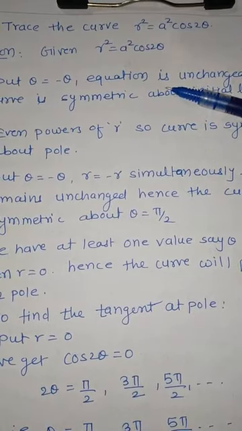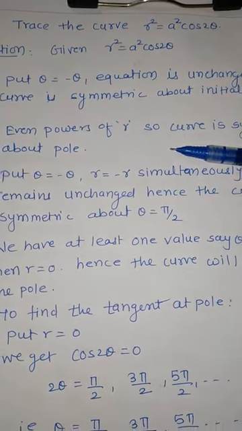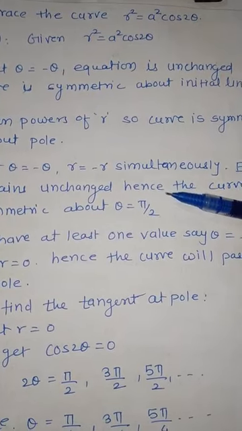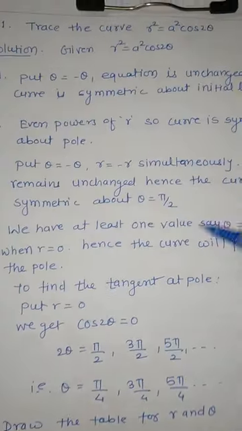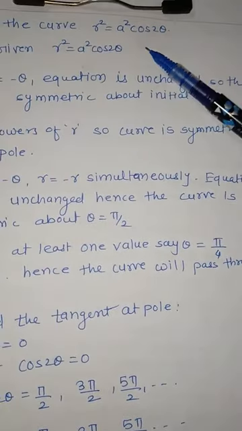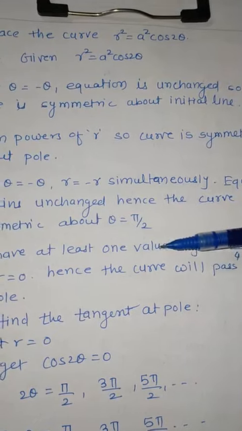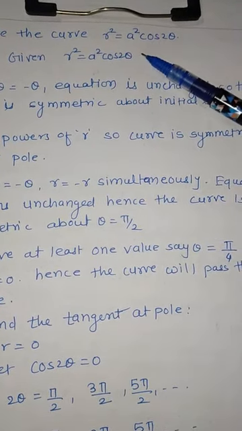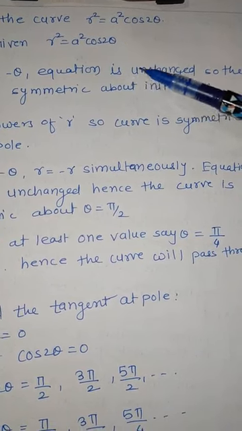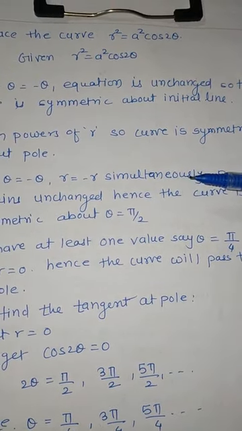So your given curve is symmetric about the initial line, about the pole, and about the perpendicular line. The next point is, we have to check whether the given curve passes through the pole or not. The condition was, at which angle theta r becomes 0, for that theta the curve will pass through the origin.